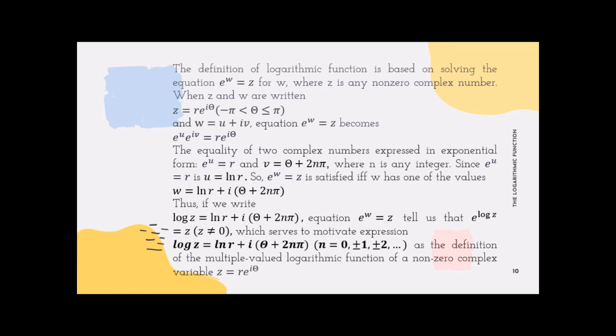non-zero, which serves to motivate the expression log z equal to ln r plus i (theta plus 2n pi) for n equal to 0, plus minus 1 and so on, as the definition of the multiple valued logarithmic function of a non-zero complex variable z equal to r exp(i theta).